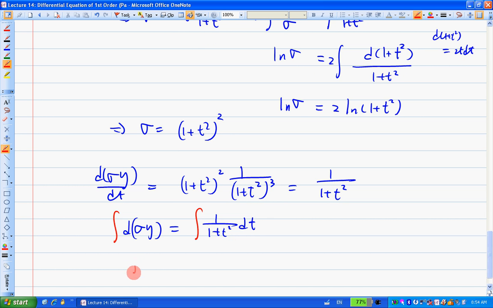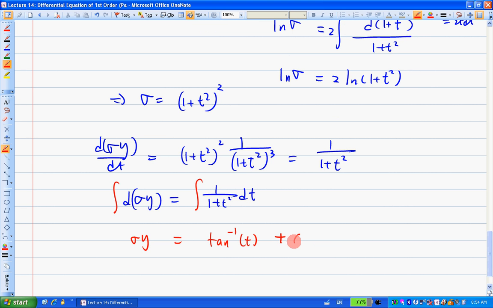So this side is simply σy. And what's the integral of this side here? Tan or tan inverse? Tan inverse, right, plus a c. In Calculus 248 we had some partial derivatives of such arctan functions.